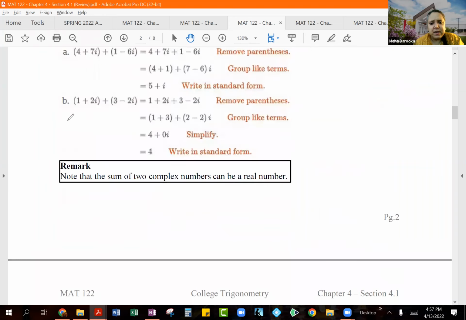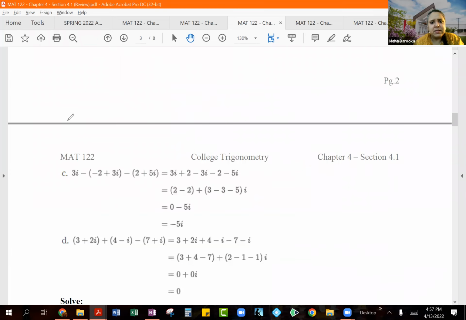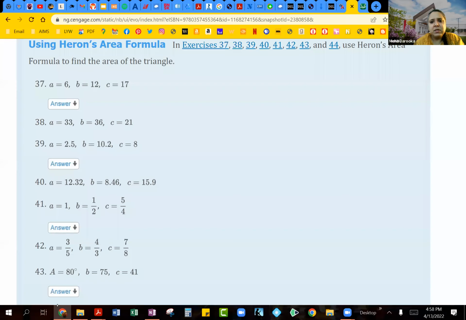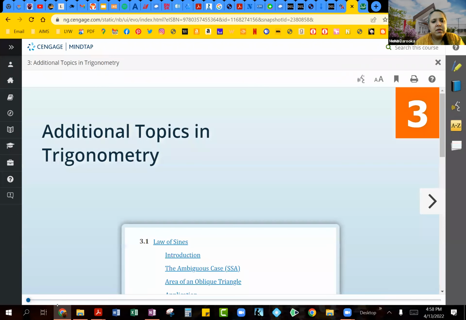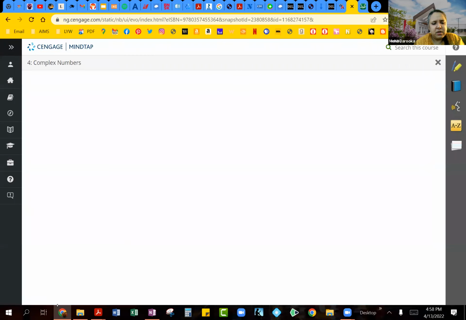So actually, let's go ahead and pick an example for this addition and subtraction. Actually, we need to get into chapter 4.